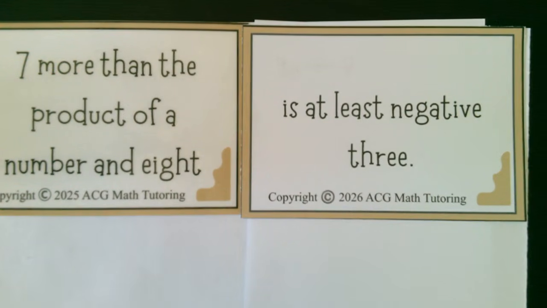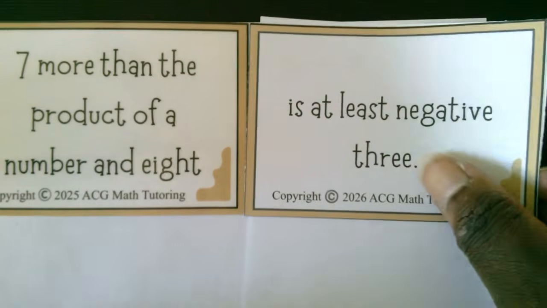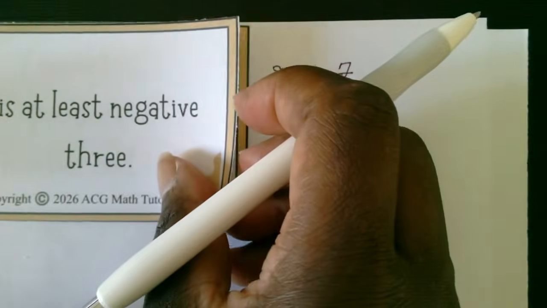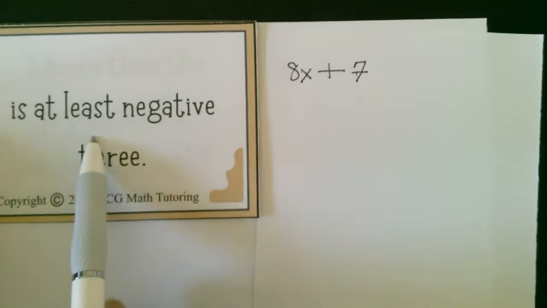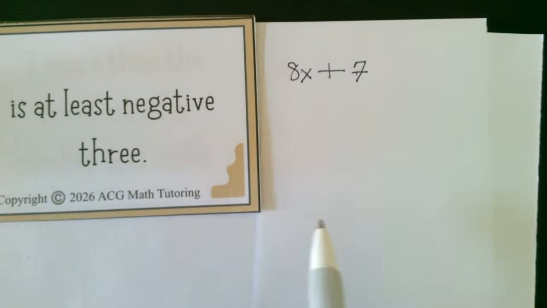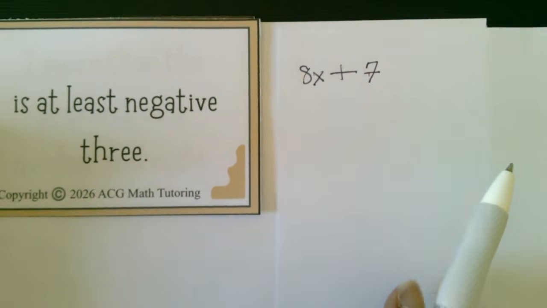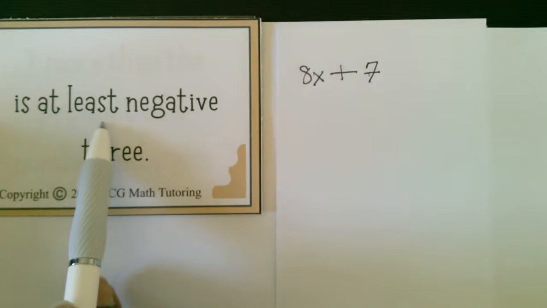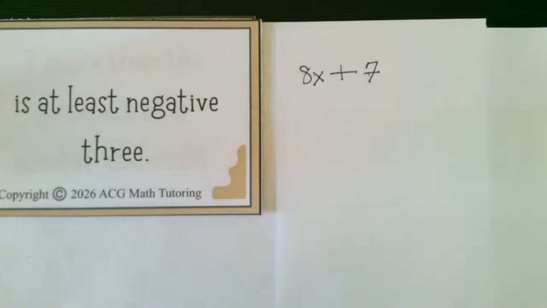All right, so let's try this part. And we're going to add it to what we just did. Is at least. Is normally means equals, but it says at least. So if I want to say, I want to at least make $25 today, that means I'm saying $25 is going to be the minimum I want to make today.